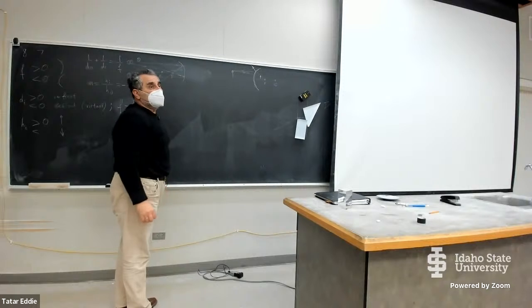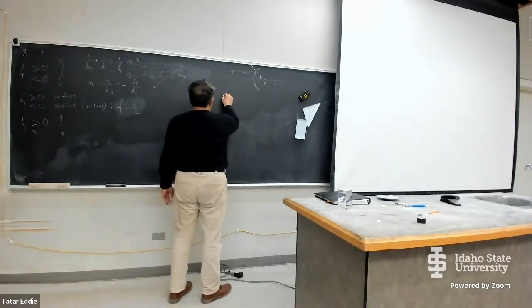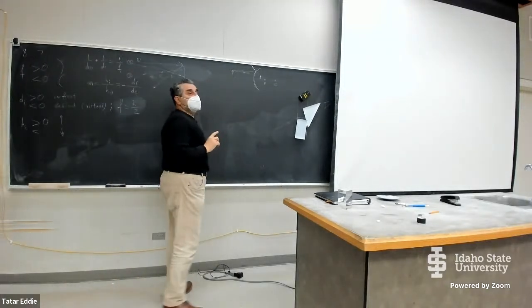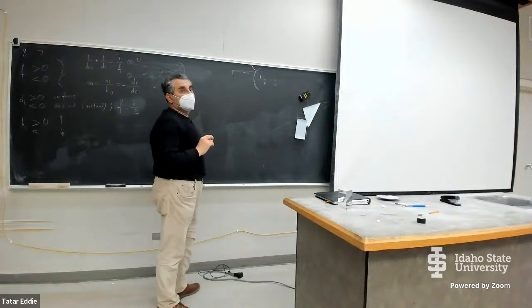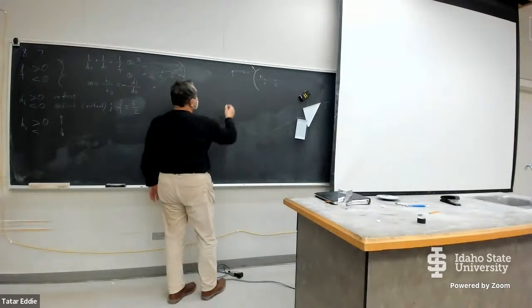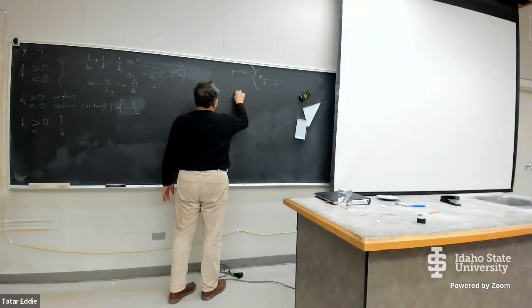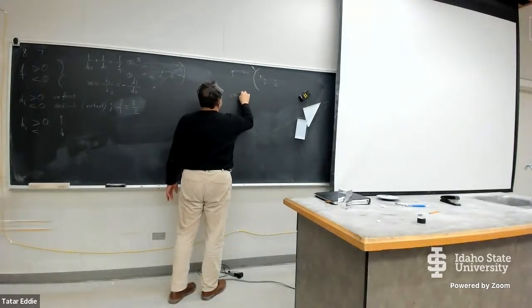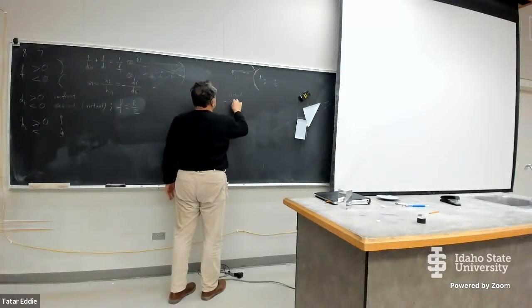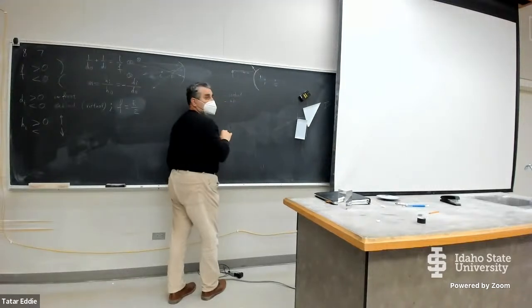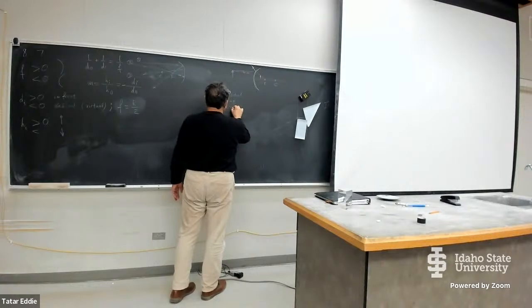And the properties of the image are, well, first, is it real or virtual image? It is behind the mirror, so it is virtual. It is upright, and it is reduced in size.